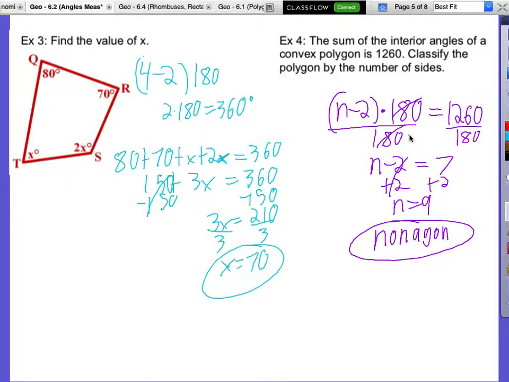But we don't know the number of sides, and so that's how we set it up. From there, our algebra skills kick in, and we're saying, oh, well, we need to divide this multiplication and then add 2. Does that help answer your question? It says in the problem that the sum of the interior angles of the convex polygon is 1260.